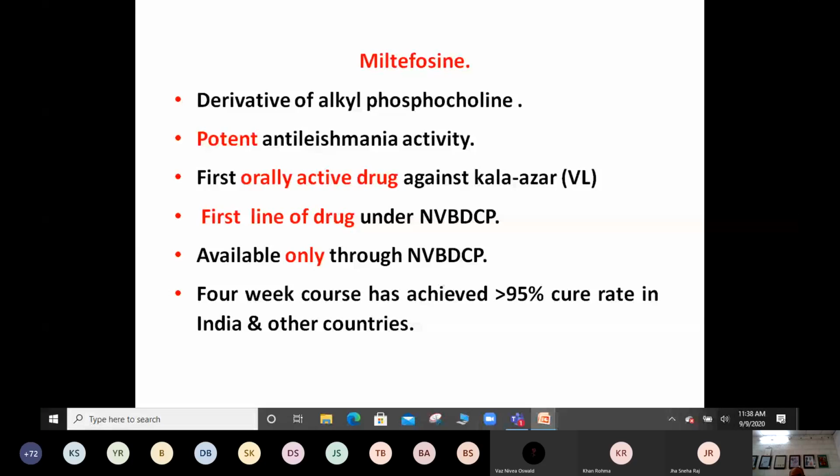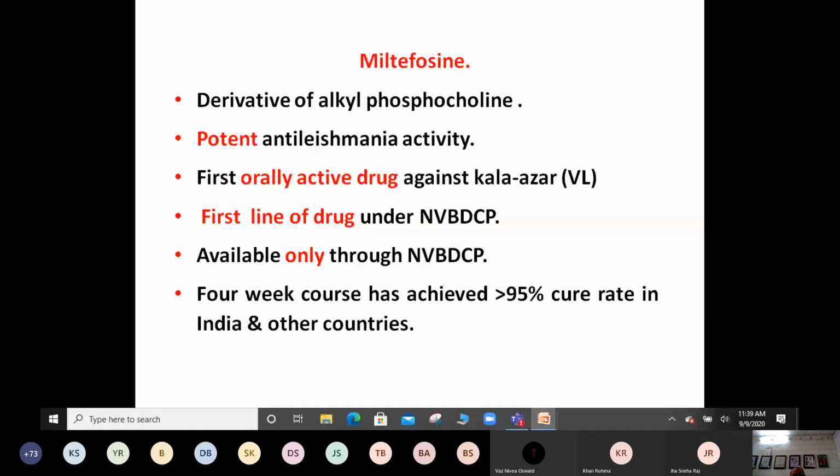Miltefosine, the third drug. This is a derivative of alkyl phosphocholine. This is also a potent anti-leishmanial drug.